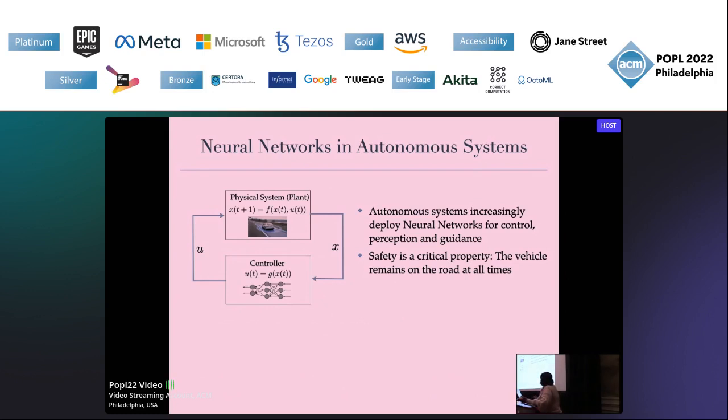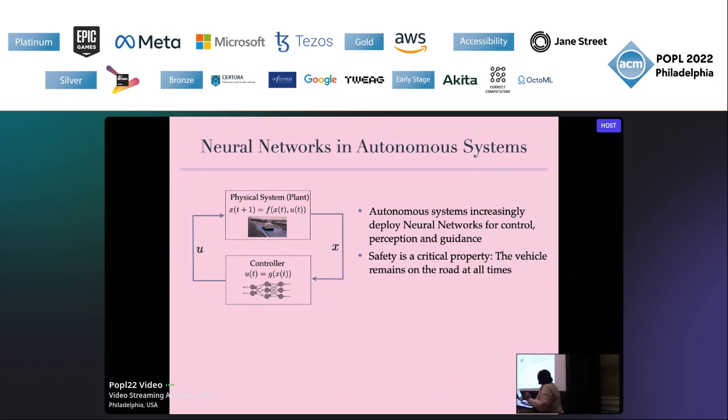So here is a very simple example where you have an autonomous car that is controlled by a neural network, and the objective of the controller is to ensure that the vehicle remains on the lane. And so the controller essentially senses the state of the system, which is the position, and then makes some computation and outputs this input U which is fed back to the physical system.